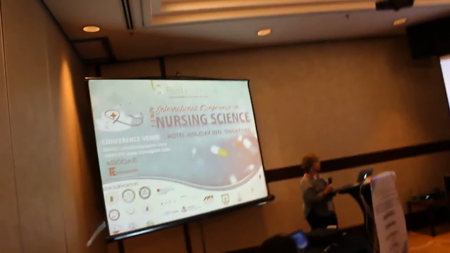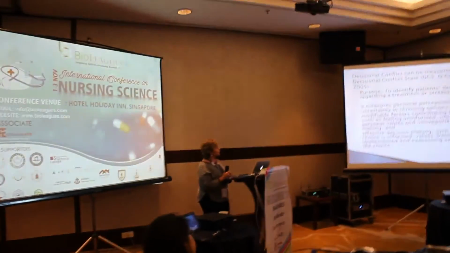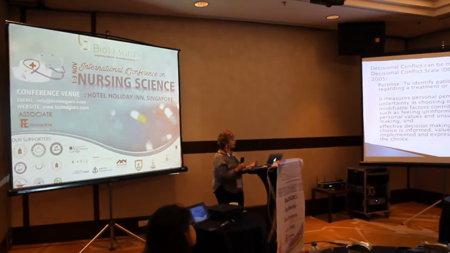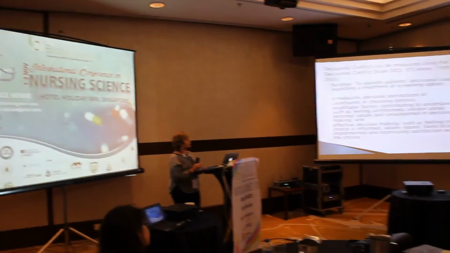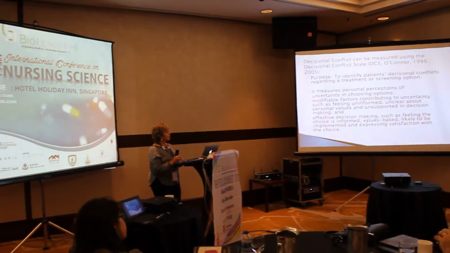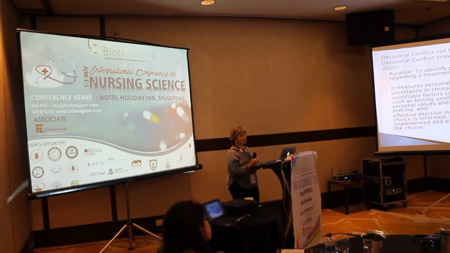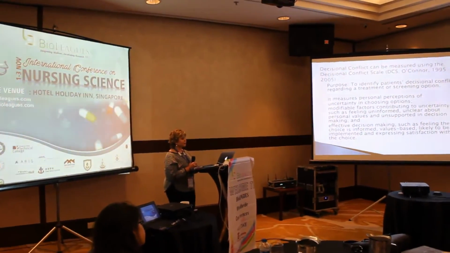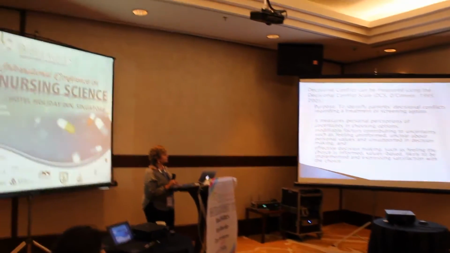For instance, if they feel uninformed, we would play a big role in that. If they're unclear about their personal values, using the Decisional Conflict Scale, we can help to clarify their personal values. Or if they feel supported or unsupported by their significant others, that can be identified using the Decisional Conflict Scale.